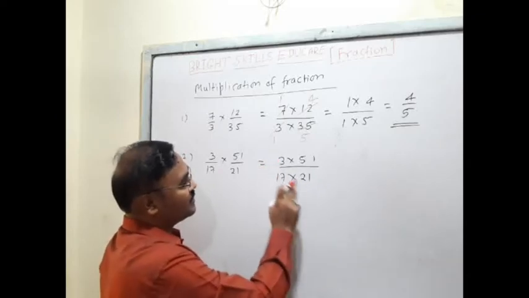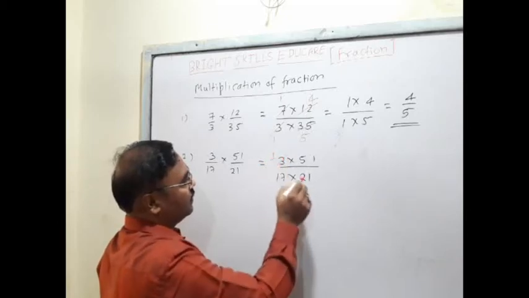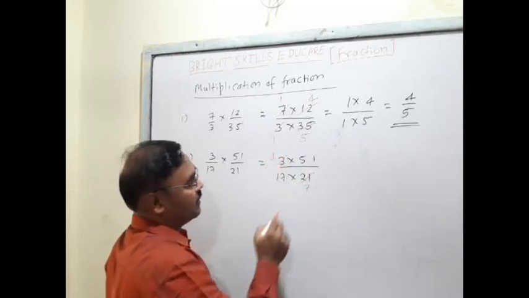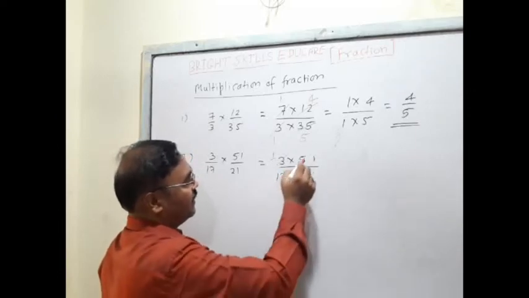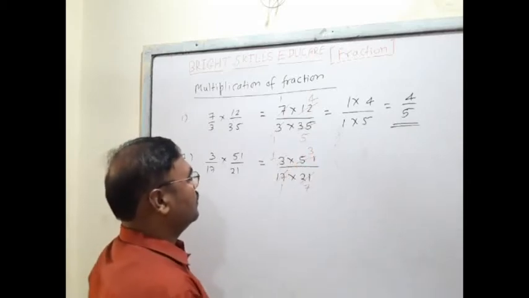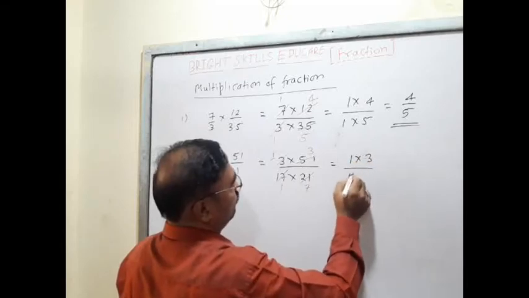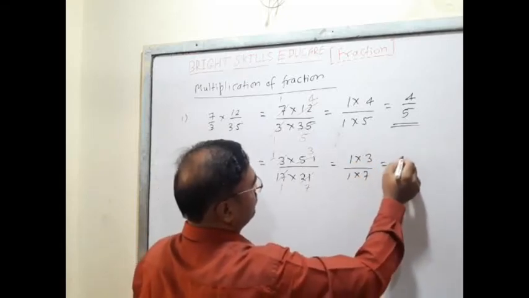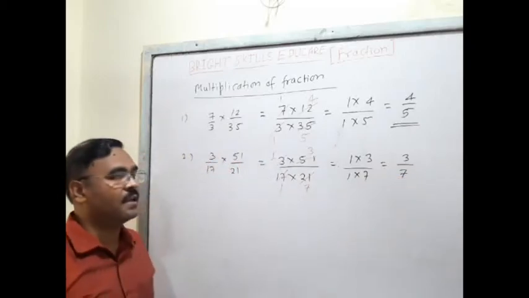Both the numbers are divisible by 3. 3 1s are 3 and 3 7s are 21. And 17 1s are 17 and 17 3s are 51. So it comes 1 into 3 upon 1 into 7. It is 3 1s are 3 and 7 1s are 7. It is 3 upon 7.